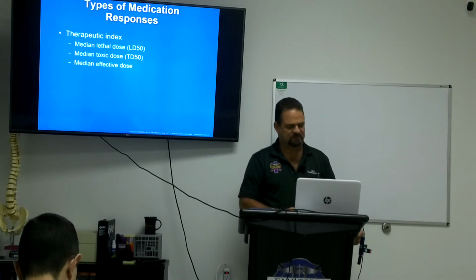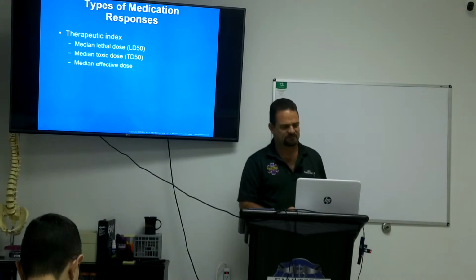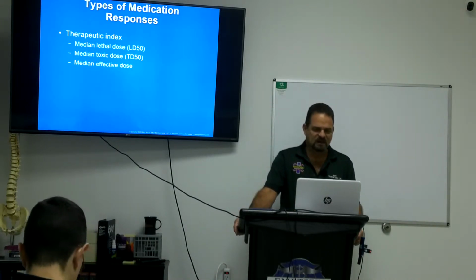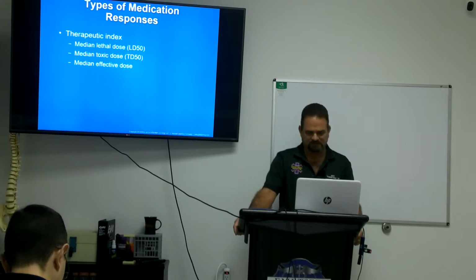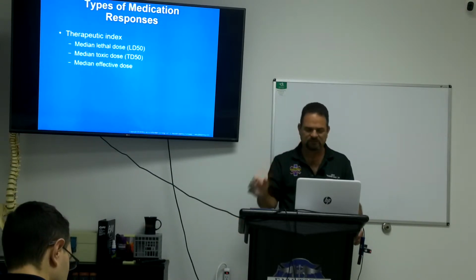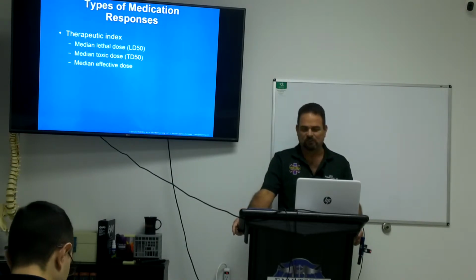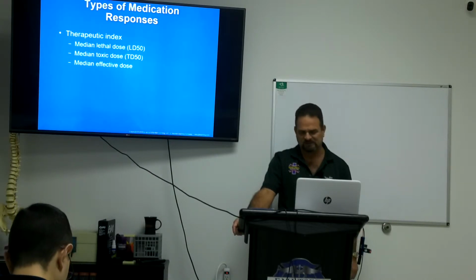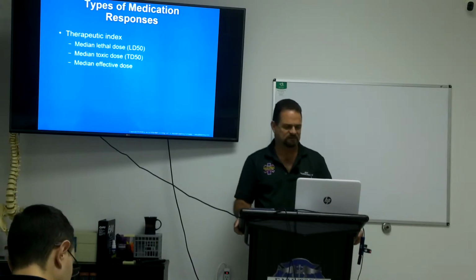Therapeutic index is determined in animal testing, and it establishes the following: the median lethal dose, the median toxic dose, and the median effective dose. The median lethal dose, or LD50, is a weight-based dose of medication that causes death in 50% of the animals tested. A median toxic dose, TD50, is the weight-based dose at or above which 50% of the animals tested had toxic effects.